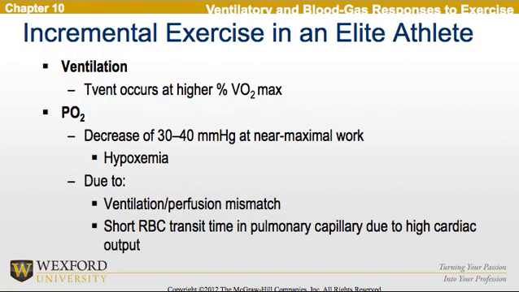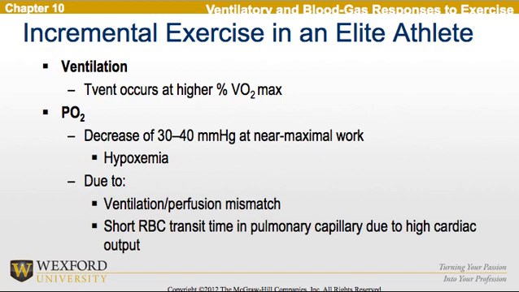Now, if we look at the incremental exercise in an elite athlete, we see that in ventilation, the ventilatory threshold occurs at a higher percentage of VO2 max. We also see that there's a decrease in the partial pressure of oxygen at near maximal work. We call this hypoxemia.